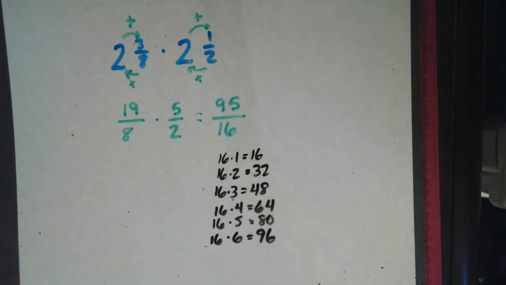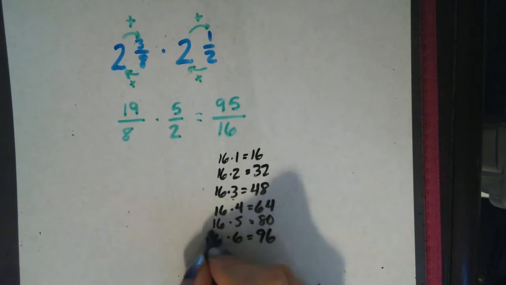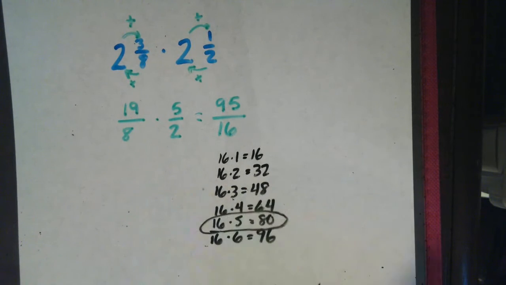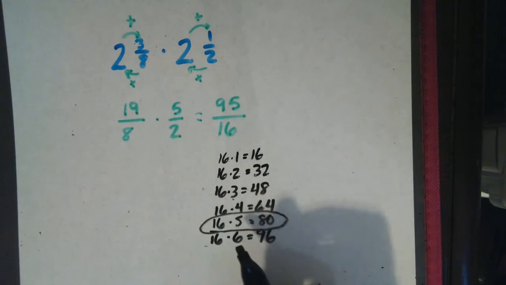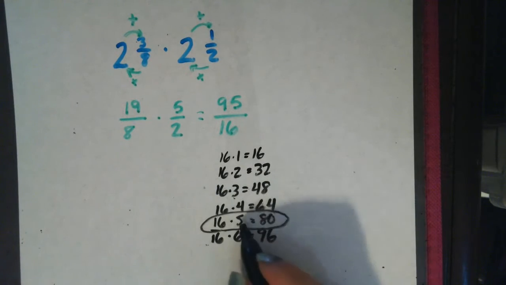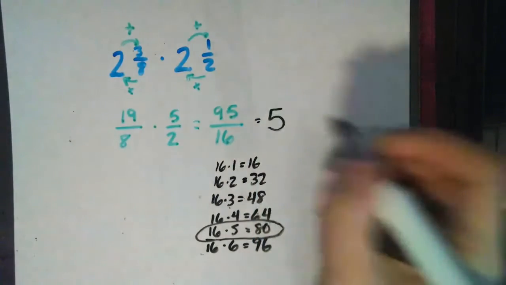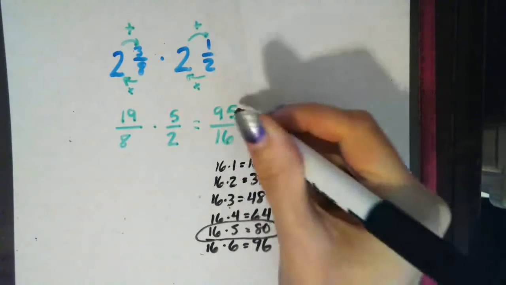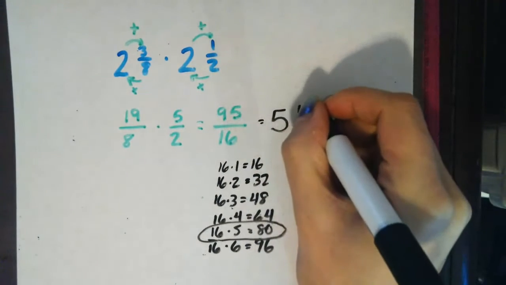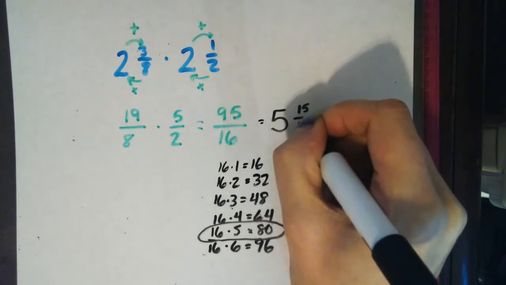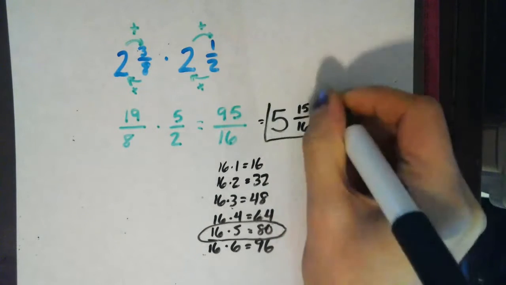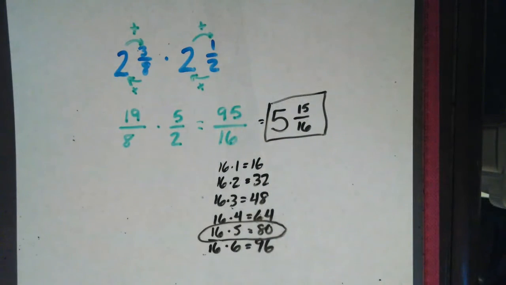Oh, I don't have that many. I only have 95. So I'm going to have to use the fact that 16 only goes into 95 5 times. So I get 5 wholes. I'm only using 80 of the 95. So that leaves me with 15 over 16. So this is 5 and 15/16.